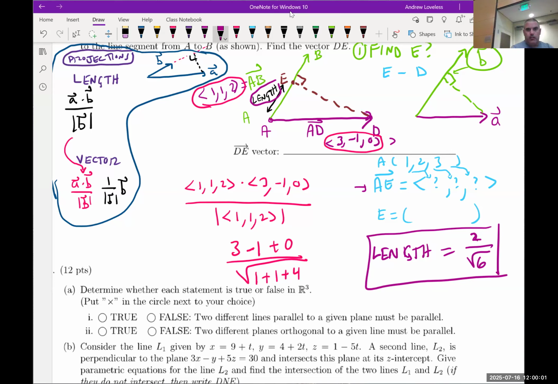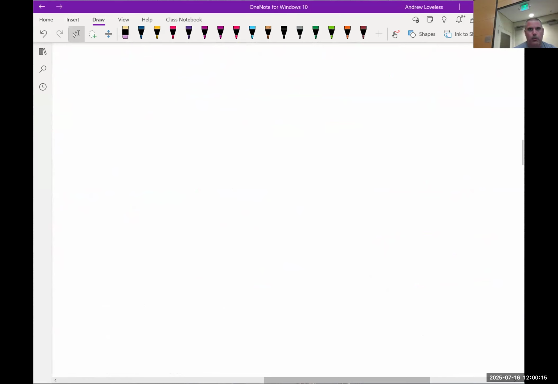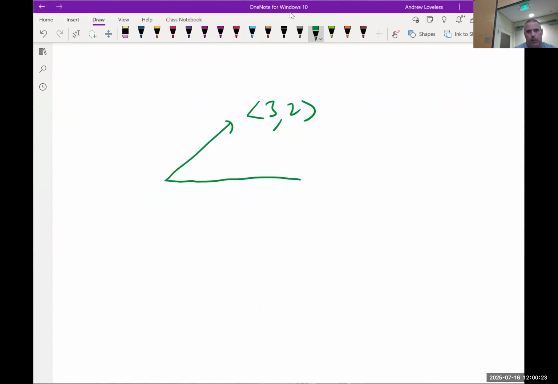Okay, so let's say we wanted to find the vector that goes from A to B. Like I said, this is really nice. I use this quite a bit. Maybe I'll do one more example here, just to emphasize how quickly this can be done. If you're pulling a wagon this way, 3, 2, and you're pulling it along the ground, 10, 0, you don't even need a formula for this.